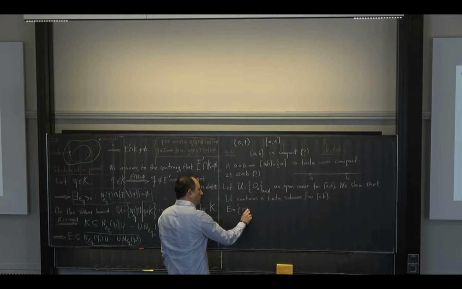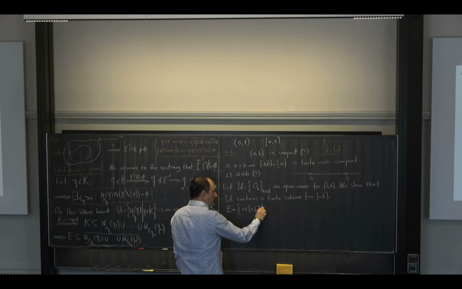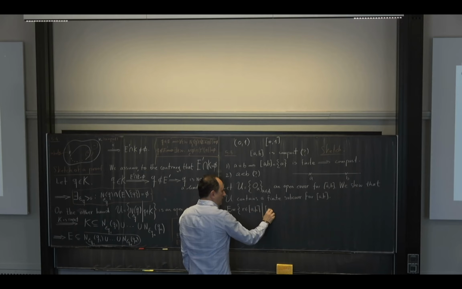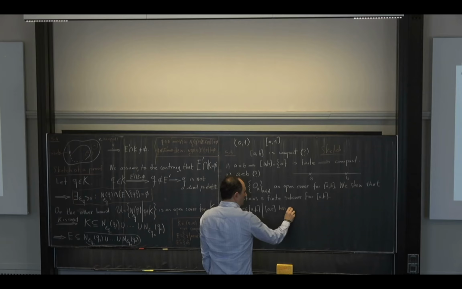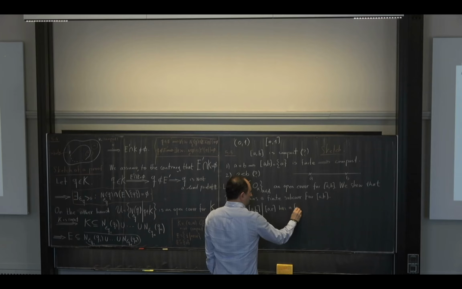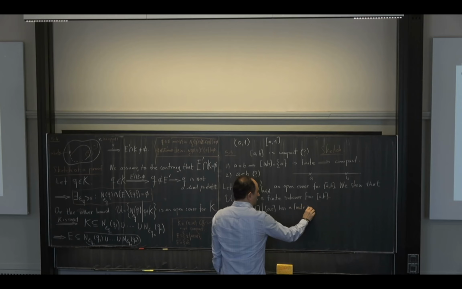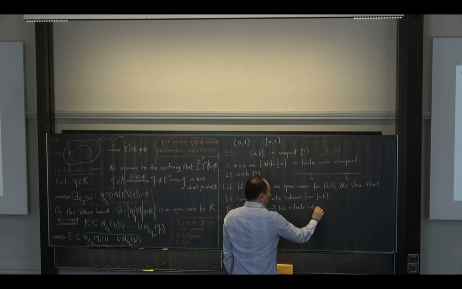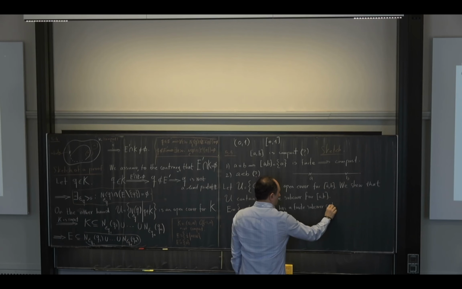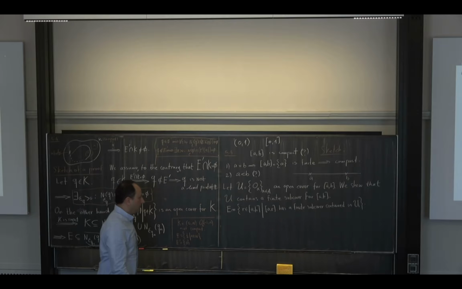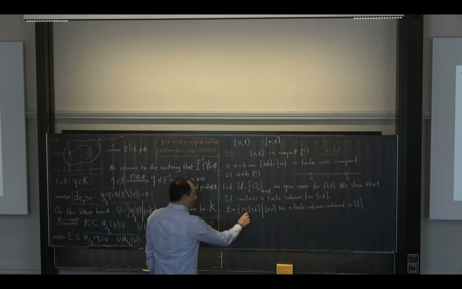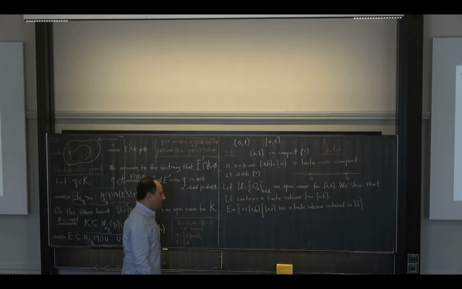It includes all numbers R in this closed interval, with this property, that if you start with A and go up to R, [A, R] has a finite subcover contained in U. Okay, so take your time a little bit to understand this mathematical set.